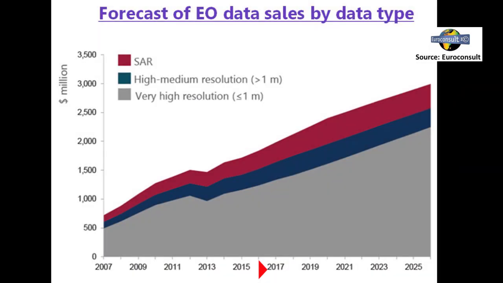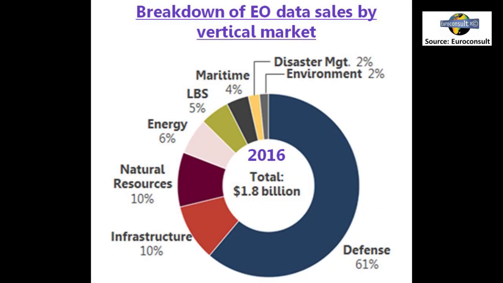If we have a look at the type of data, again, very high resolution, we'll have mostly the demand in the future, so more or less in the same range as of today. Broken down by vertical market: in 2016, the defense made 60% of the demand, and then we had infrastructure, natural resources, energy, location-based services, maritime, disaster management, environment.